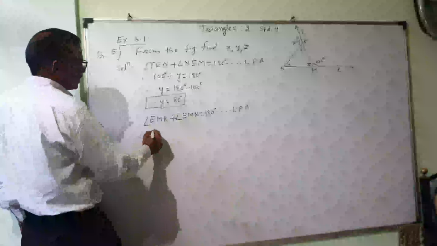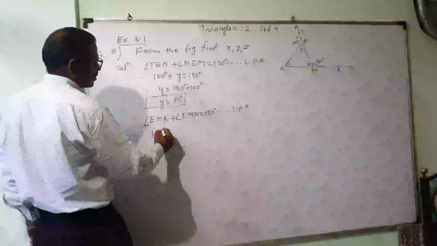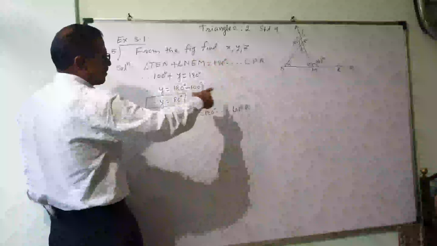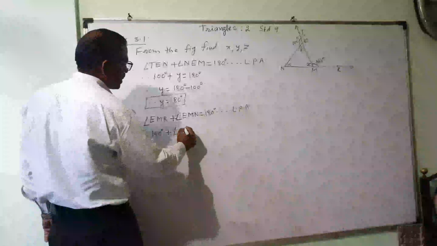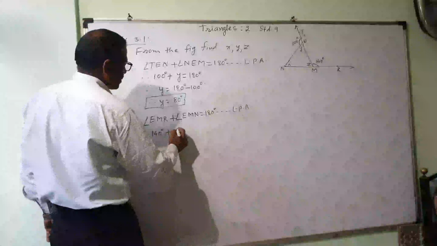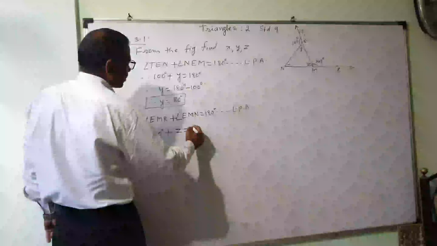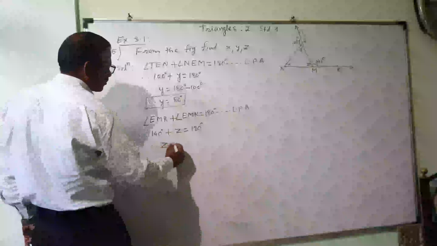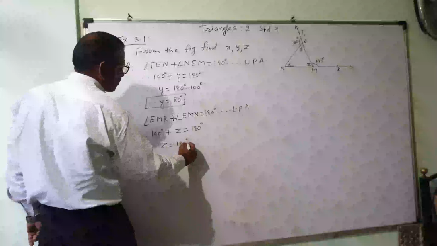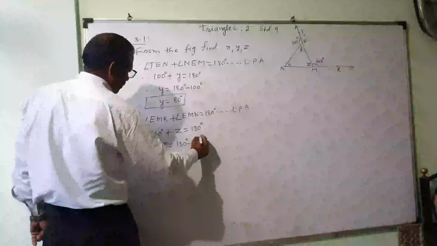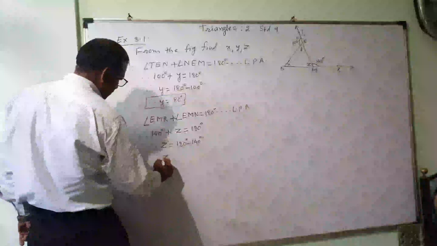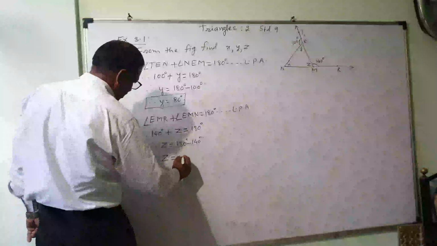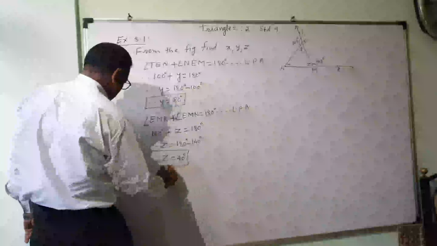Therefore, EMR is 140 degree plus angle EMN is Z. This is Z only they have written. That is equal to 180 degree. Therefore, Z is equal to 180 degree minus 140 degree, and therefore Z is equal to 40 degree.